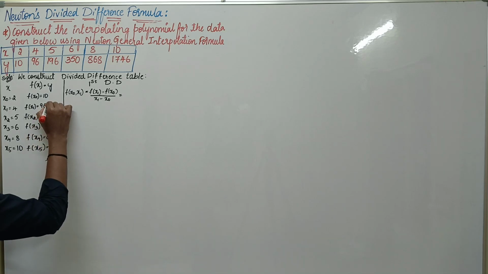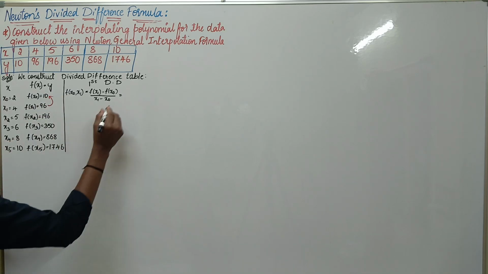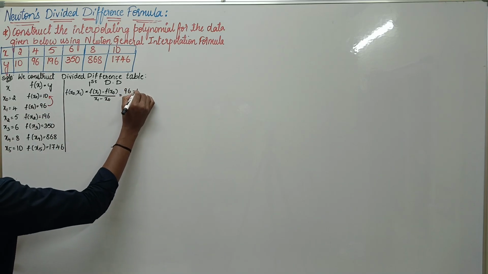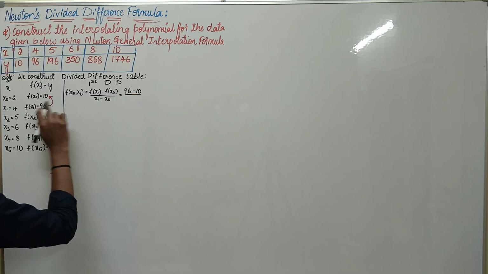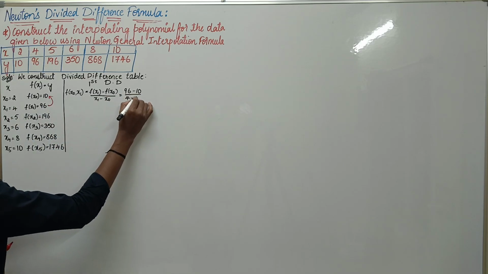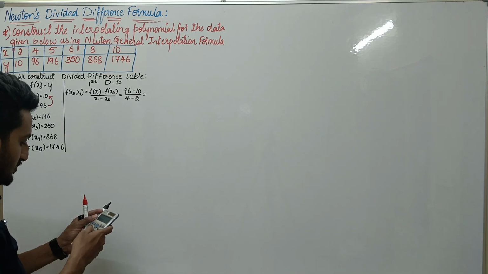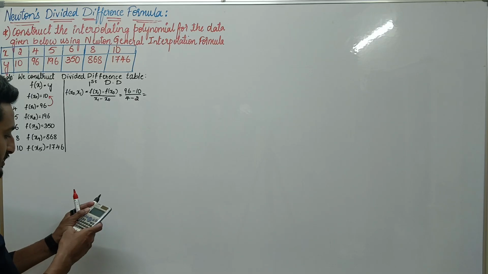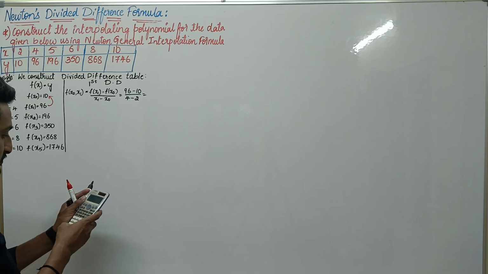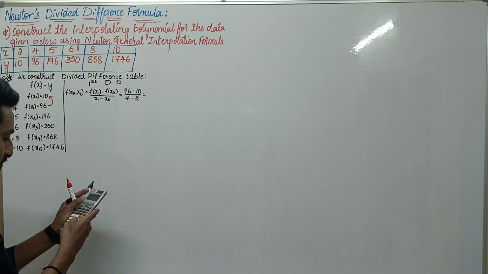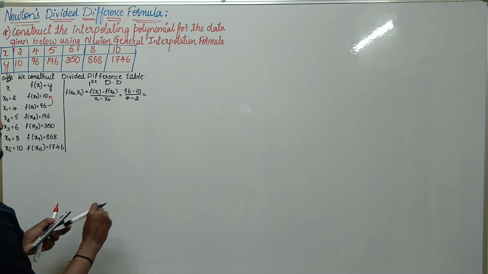What does it represent? 96 minus 10 divided by x1, we have 4 minus 2. Use the calculator so that you will get this solution. 96 minus 10 divided by 4 minus 2, you get 43.